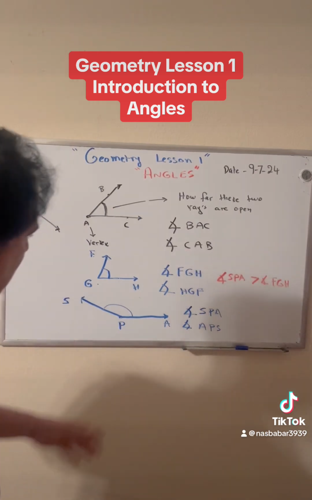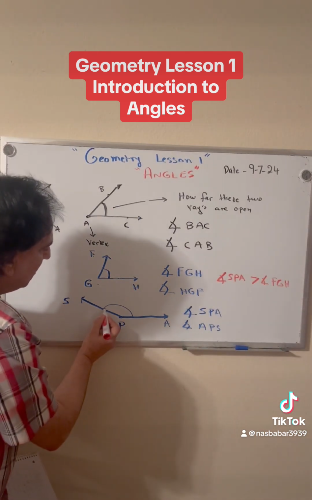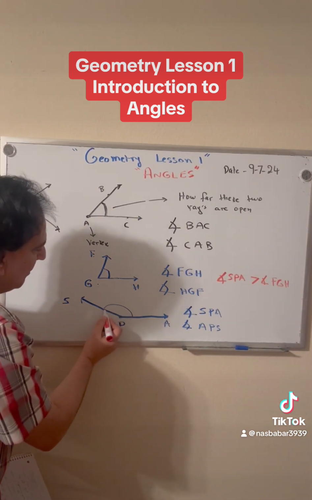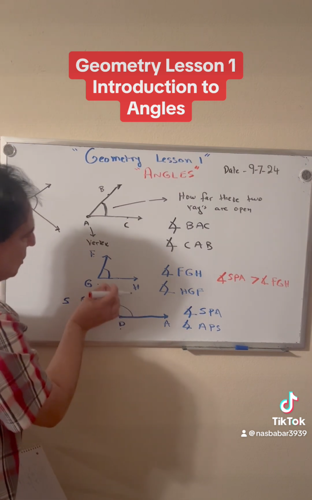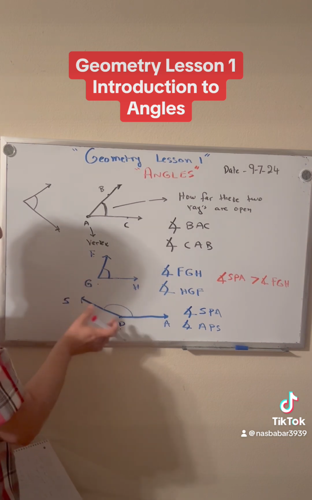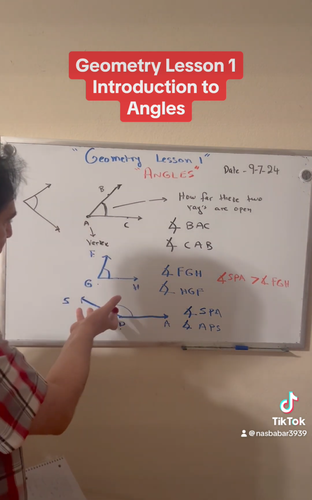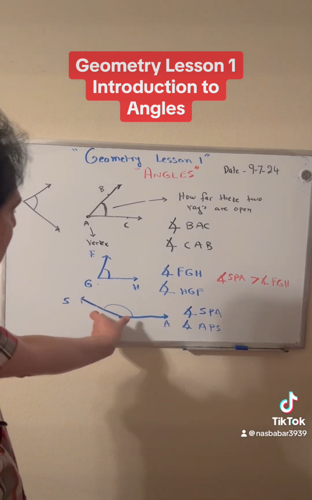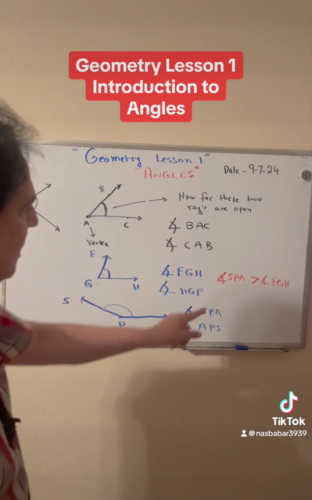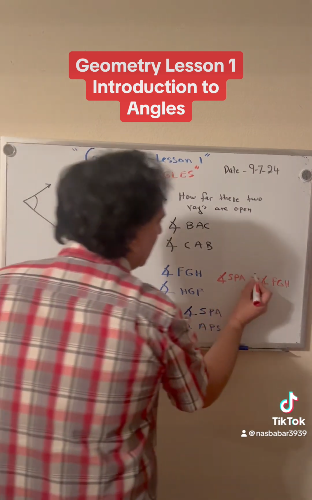I'm saying that the measurement between these two rays is more than the measurement between these two rays. That's pretty obvious, pretty visible. I can tell just by looking at it, and that is exactly what I wrote.